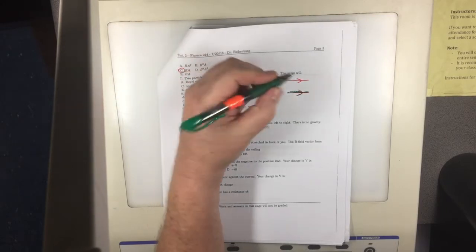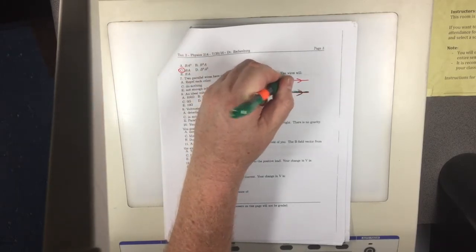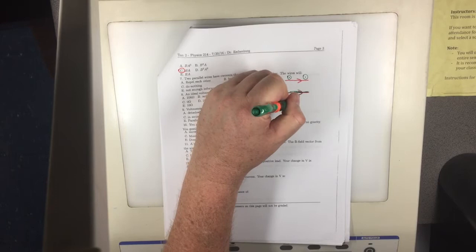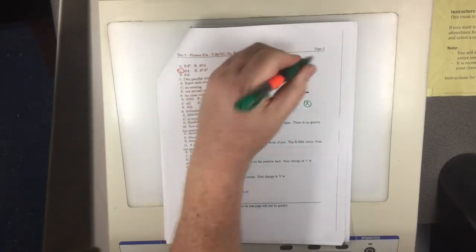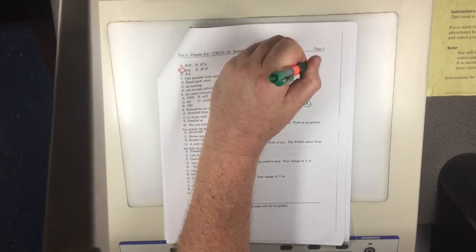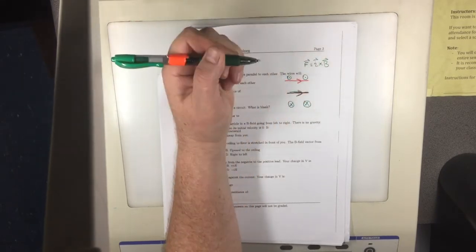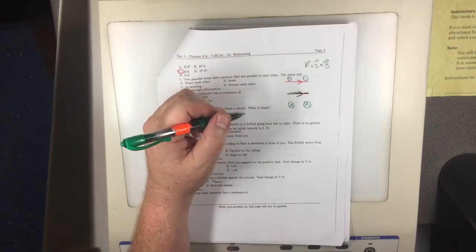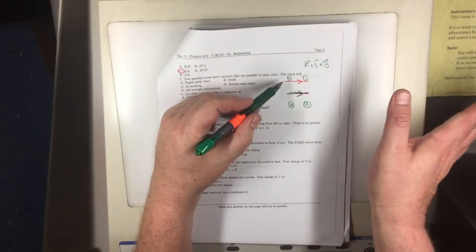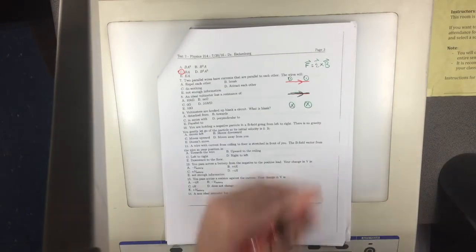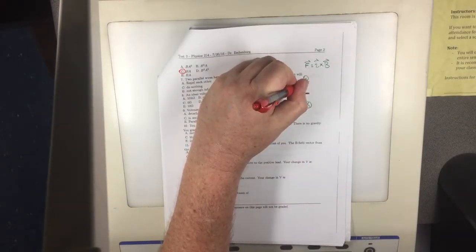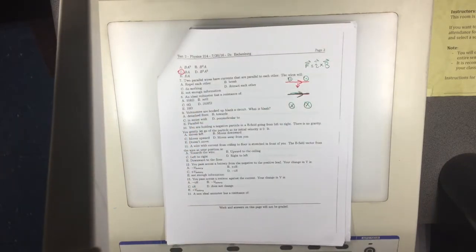It produces B field out of the page above the green wire, and B field into the page below the wire. We know that the force on the wire direction is I cross B. So I on the upper wire is to the right, B is up. So it will feel a force that is downward.